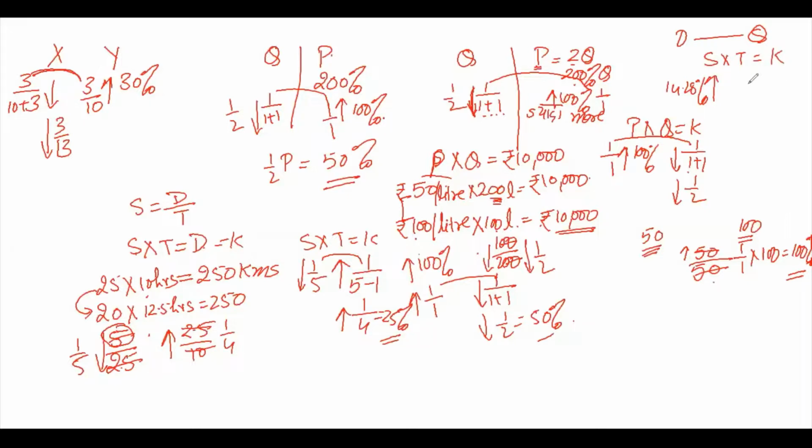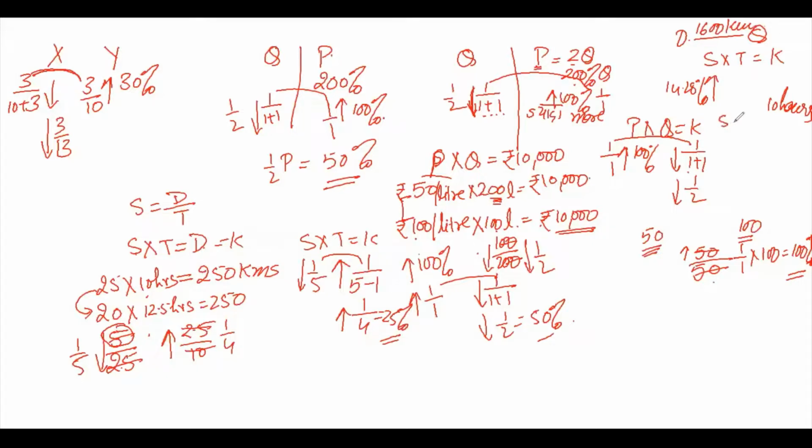The distance is constant, because of which the time reduces by 10 hours. And the distance between D and city Q is, say, 1600 kilometers.